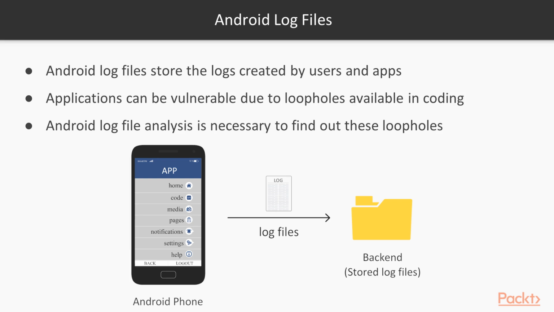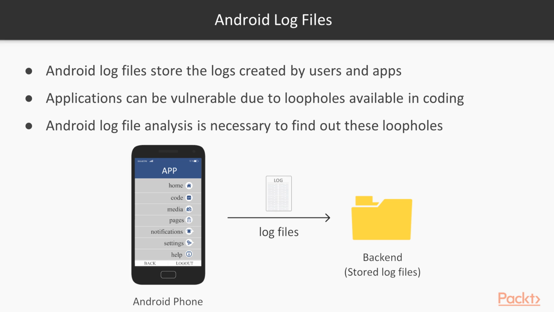So this is the place where you can find all the logs, all the activities of the user. That's why, if you want to find some secret information, or if you want to know how the user works, then you can analyze the Android log files, because they contain all the logs created by the user and the Android machine.